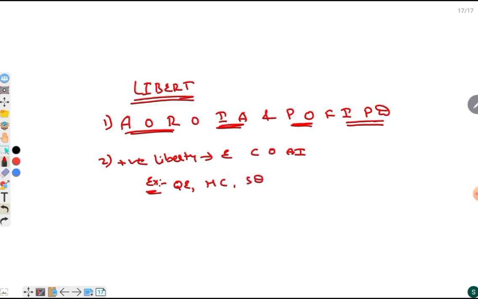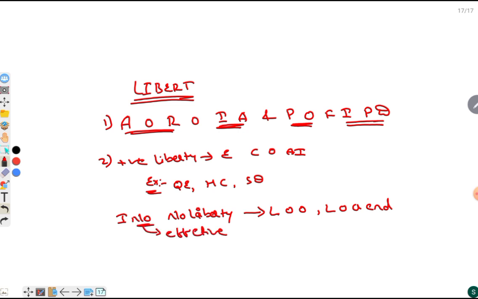And here we should note that if there is no law, there is no liberty. We can say that the liberty of one starts where the liberty of another ends. Hence, law makes liberty effective, and also law provides reasonable restrictions to enjoy liberty.